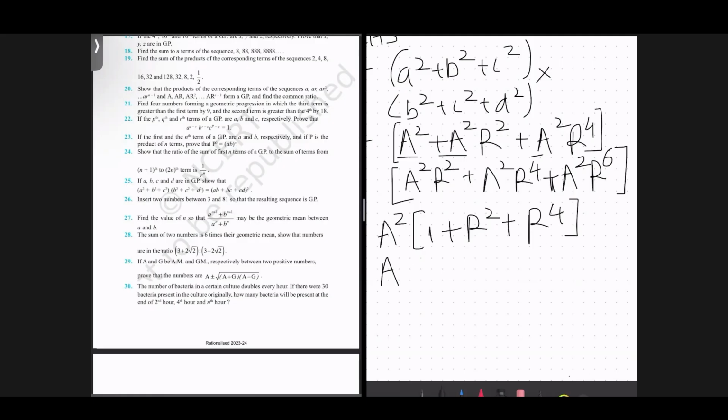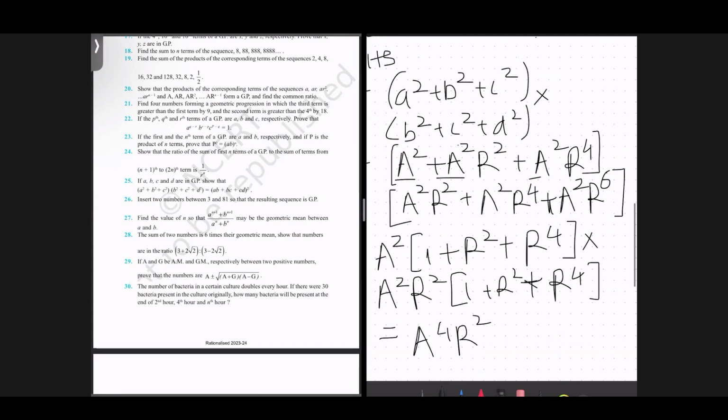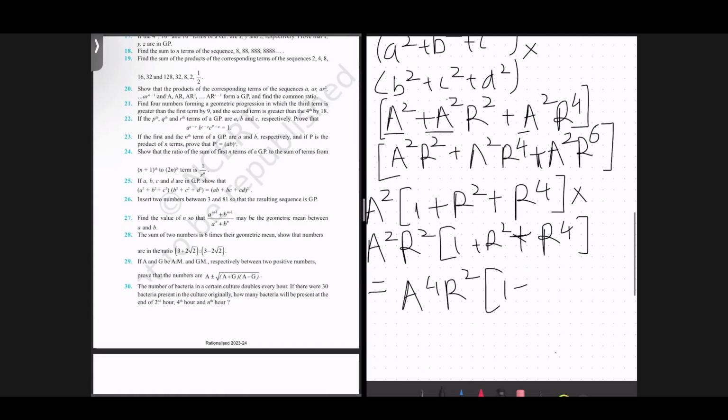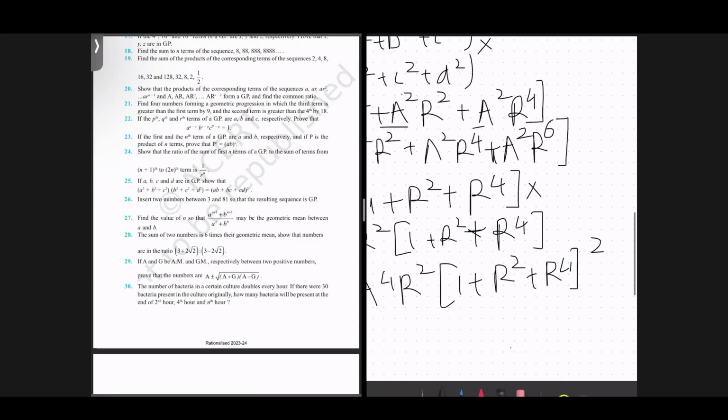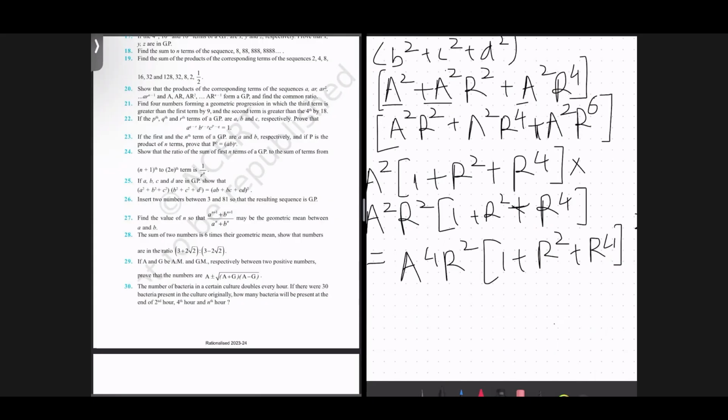When you do that, you get A square R square, and in the bracket, you get 1 plus R square plus R raised to the power 4. When you simplify this, you get A raised to the power 4 R square into (1 plus R square plus R raised to the power 4) whole square. And this is going to be your LHS, right?